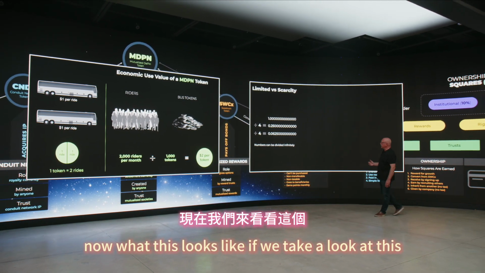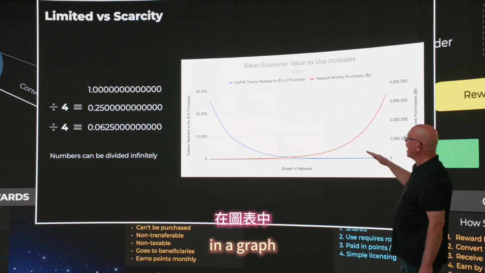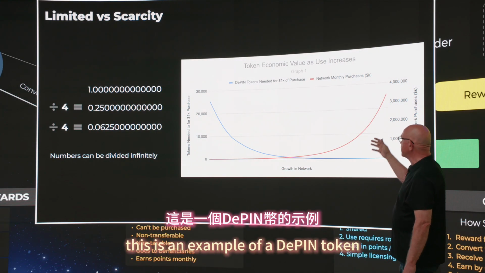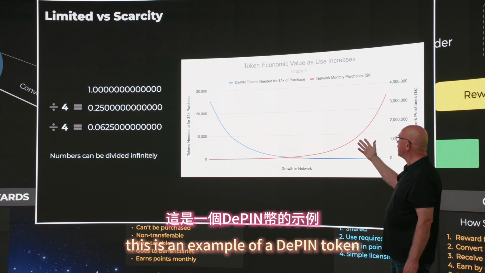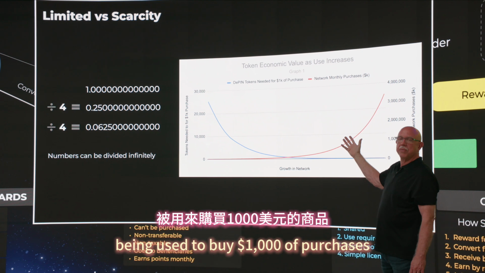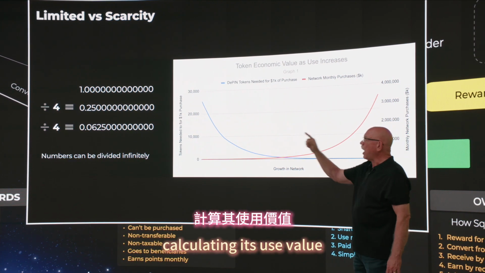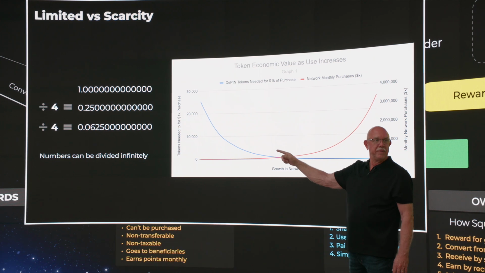Now, what this looks like, if we take a look at this in a graph, this is an example of a DPIN token being used to buy $1,000 of purchases. And how many tokens do you need, calculating its use value?